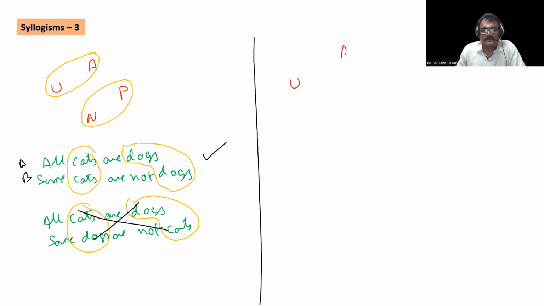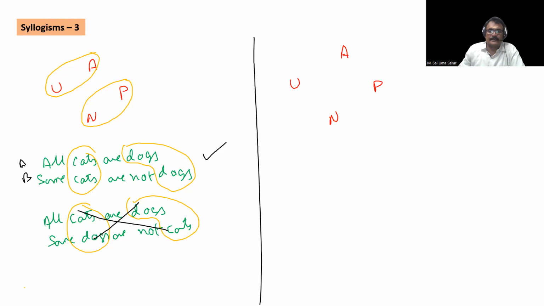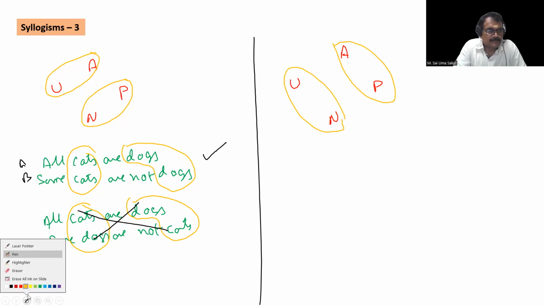Universal affirmative, particular negative. Now, if one of the conclusions is universal negative, the other conclusion must be particular affirmative.